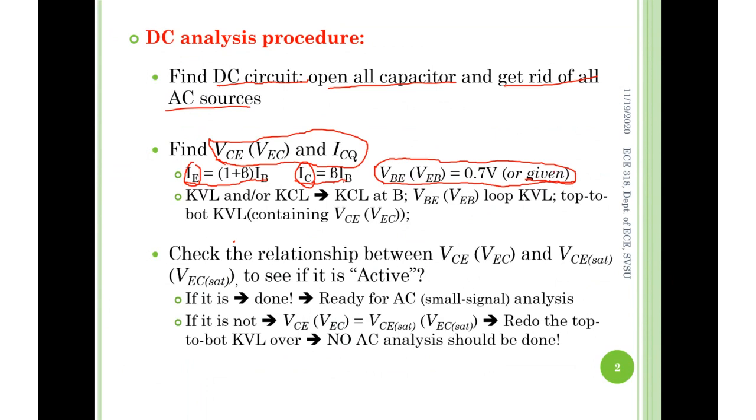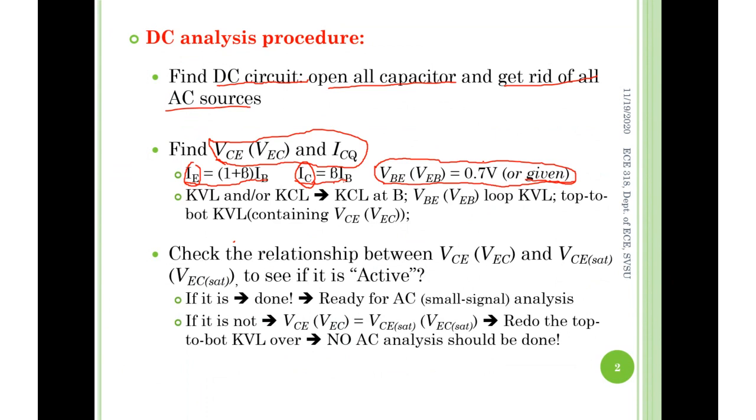Of course, by the way, can anyone tell why VBE or VEB is 0.7 volts? Do you have any memory connecting to something?